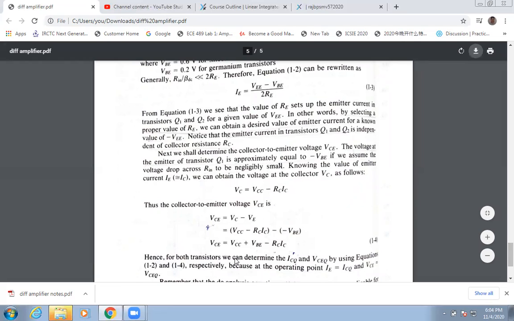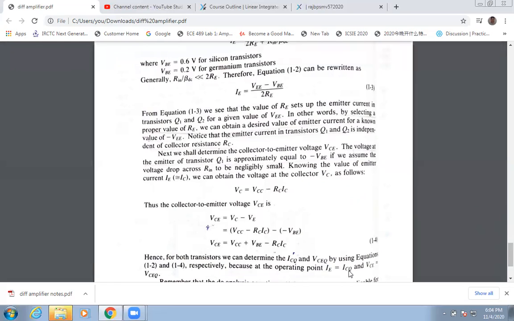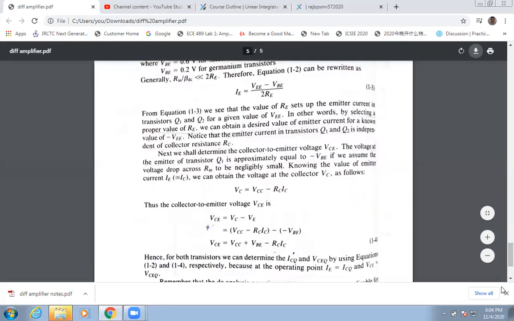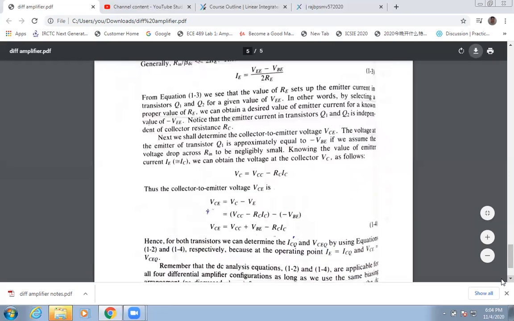Hence, for both the transistors, we can determine the value ICQ and VCEQ by using equations 1.2 and 1.4 respectively, because at the operating points IC is approximately equal to ICQ and VCE, that is collector emitter voltage, is equal to VCEQ.